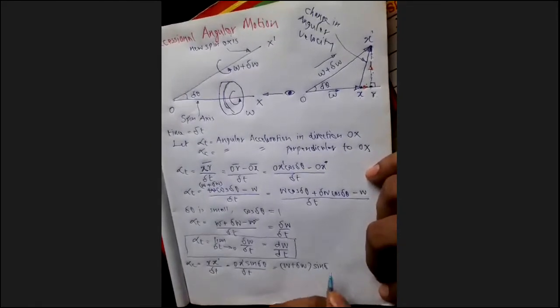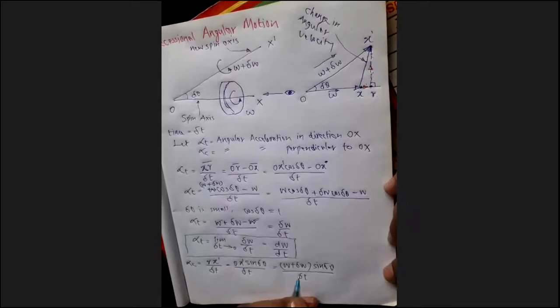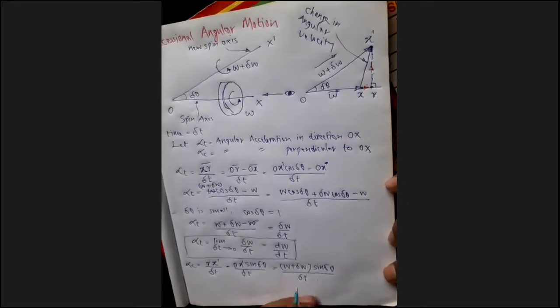Sine delta theta upon delta t. Now I again multiply this sine delta theta to this bracket.